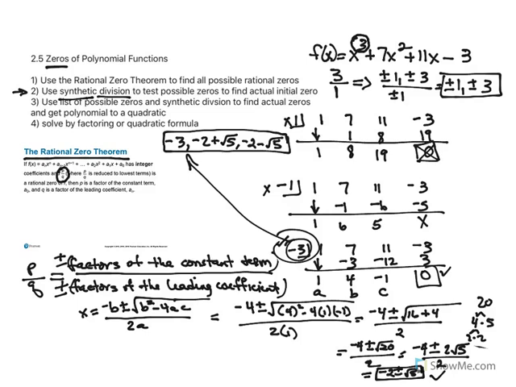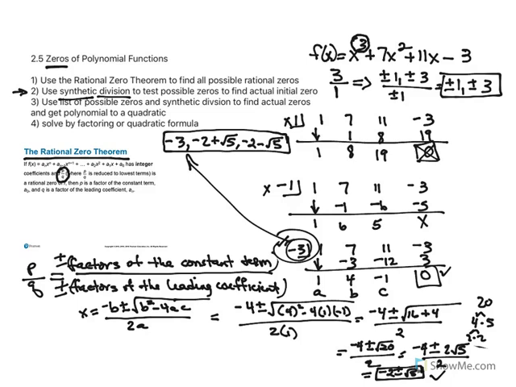So if it was a 4th degree, we would have had to test numbers at least 2 times in order to get it down to a quadratic, right? You just keep finding zeros by doing synthetic division until you get the polynomial down into a quadratic form, and then you can try to factor it or do the quadratic formula.